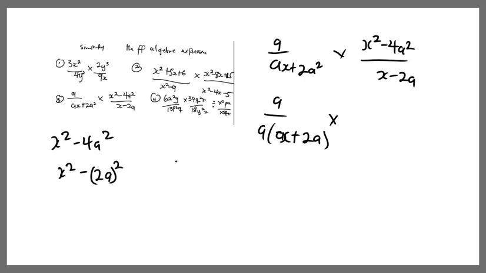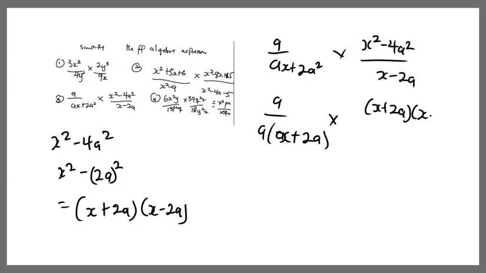And this becomes difference of two squares, which will give you x plus 2a, x minus 2a. So that's what you are going to get here: x plus 2a, x minus 2a, all over x minus 2a.